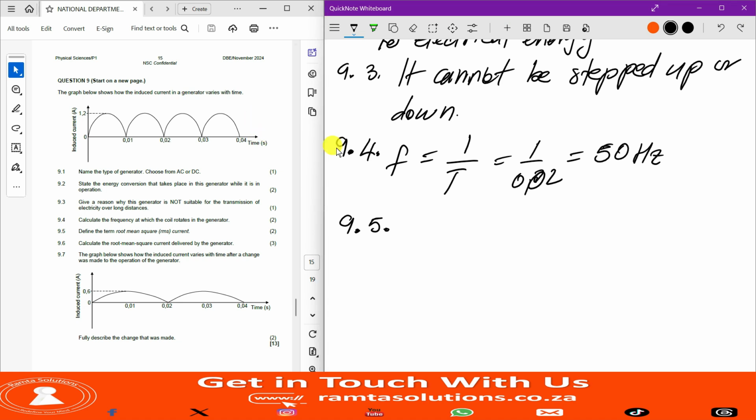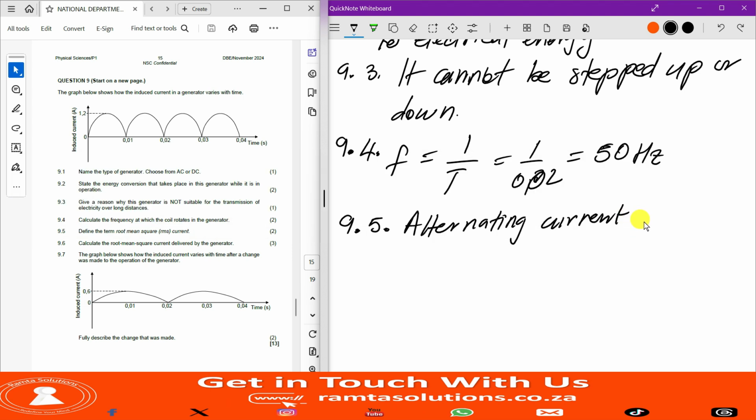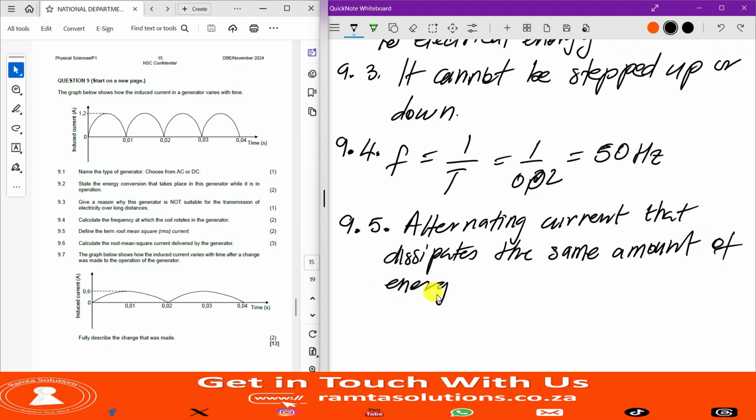So root mean square current is the alternating current that dissipates the same amount of energy as an equivalent direct current.